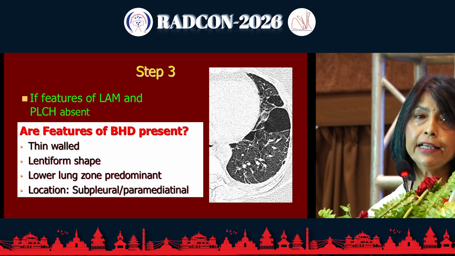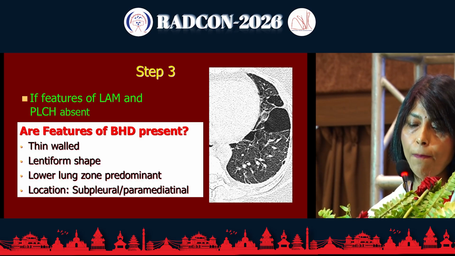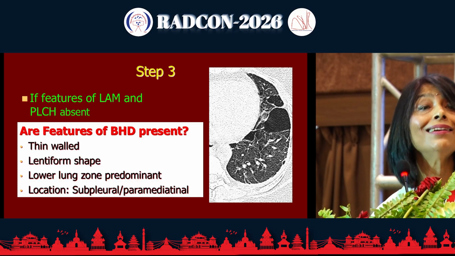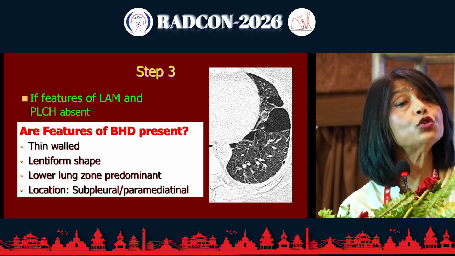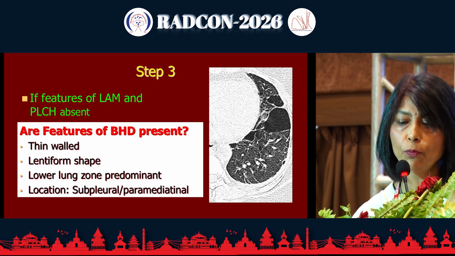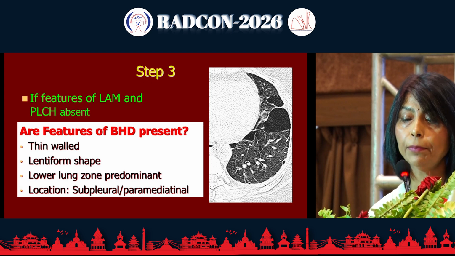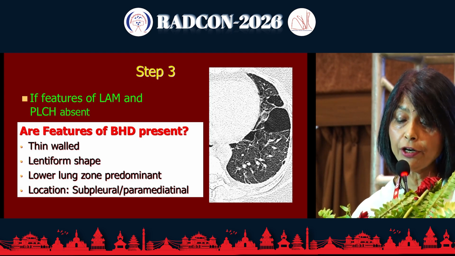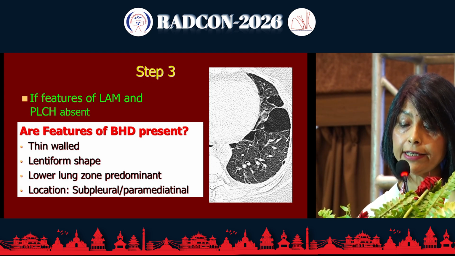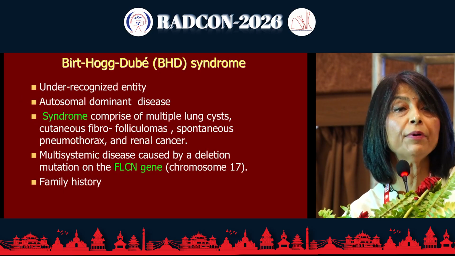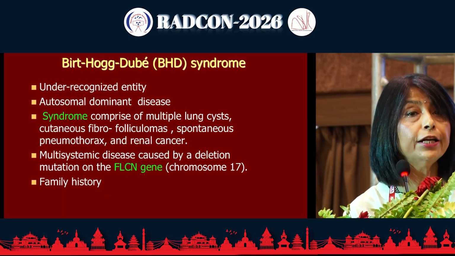These ones are lenticular. These ones are in the lower lobe. Patient may give a history that they have other relatives who also have had spontaneous pneumothorax. This was known as the Birt-Hogg-Dubé syndrome, but over a period of time, it has been shown that this is due to a mutation which happens in the folliculin or the FLCN gene.